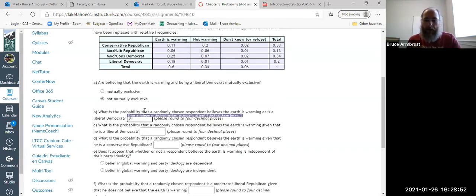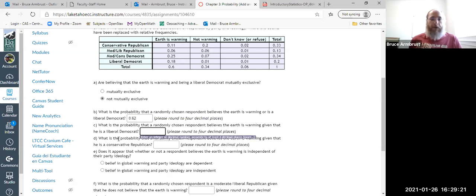If I did my numbers right, that should end up being 0.62. All right, so that's how we do ors. You add up the 2 and then subtract what they share.